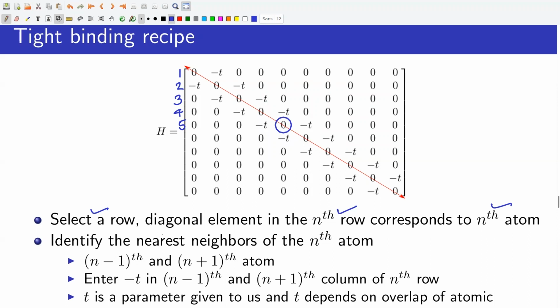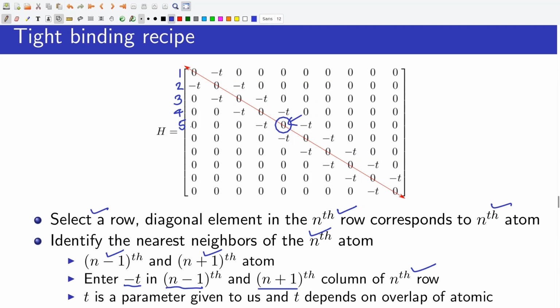Step 2. Identify the nearest neighbors of the nth atom. In case of 1D lattice, this is the n-1th and n+1th atom. Enter -t in n-1th and n+1th column of the nth row. For example, take the 5th atom. 4th and 6th atom are the nearest neighbors of the 5th atom.